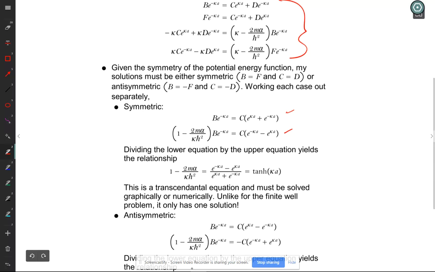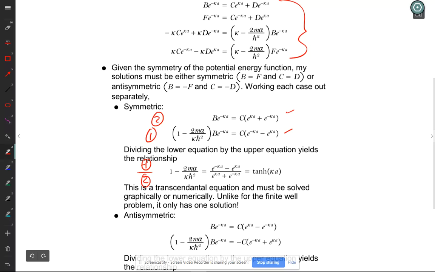And so since this side here is multiplied by B and this side here is multiplied by C, I'm going to divide one equation by the other to get rid of C and B. And so if I call the lower equation 1 and the upper equation 2, then 1 over 2 is going to have the B e to the minus kappa A cancel out on the left side. And so I'm just left with 1 minus 2m alpha over kappa h bar squared on the left side.